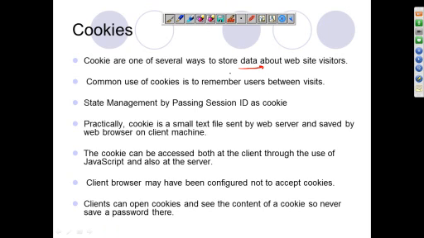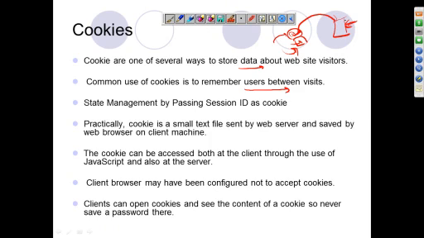A common use of a cookie is to maintain a session or remember a user between visits. So the first time the user requested and entered the password and clicked remember password, next time through the cookie the user will be remembered. When the cookie has been saved on the machine, on the next request it will be fetched from the machine, sent to the server with the request, and the server will get the password.